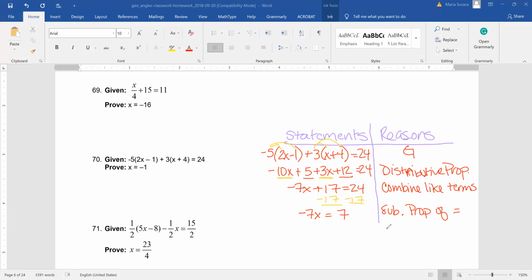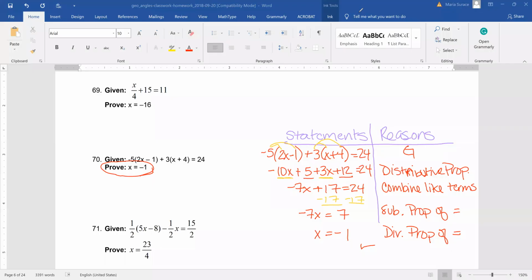And now I'm going to have to divide both sides by negative 7, which means x equals negative 1. And therefore, I'm going to use the division property once again of equations. And did I prove that x does in fact equal negative 1? Yes, we did. Okay. That concludes problem number 70.